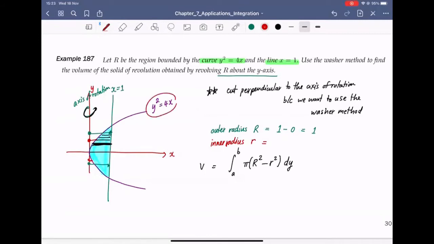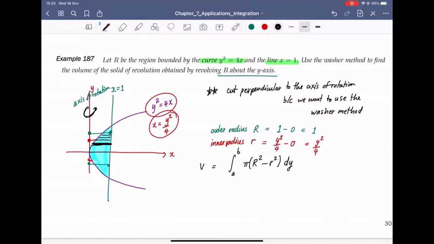It's y squared equal to 4x, which means x equal to y squared over 4. You have to simplify first. So x equal to y squared over 4, minus 0, because the inner curve is x equal to y squared over 4 and the axis is x equal to 0. This is y squared over 4.